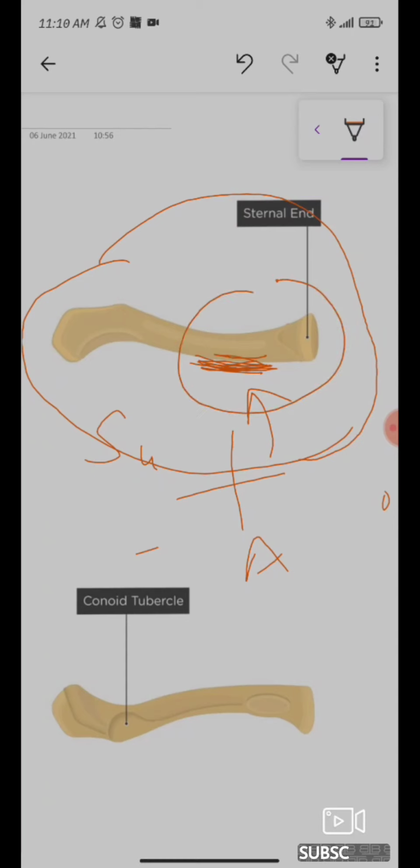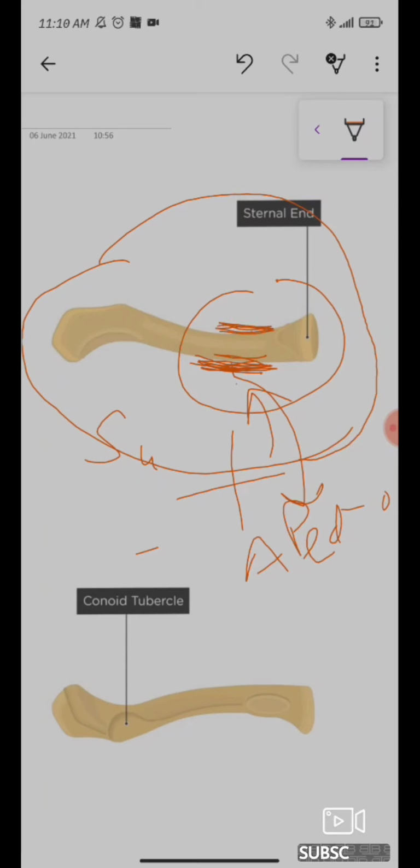This is the anterior surface, and this medial 2/3 part provides attachment to the clavicular head of pectoralis major, which is called the chest muscle. This is the anterior portion which provides attachment to the pectoralis major.